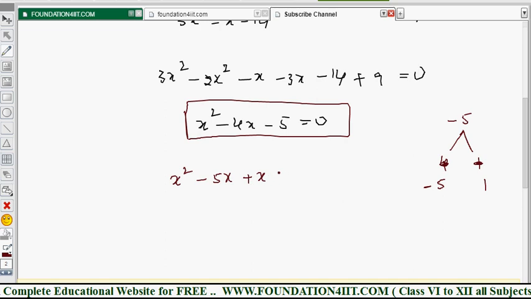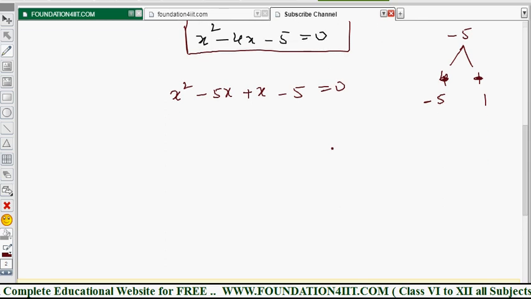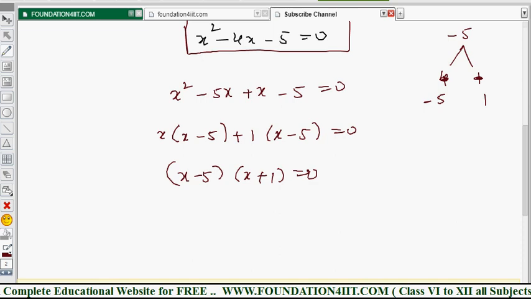Minus 5 into plus 1x, and minus 5 is equal to 0 as it is. If you continue, take x common from the first two: x into x minus 5. There is no common from the last two terms, so take 1 as the common. Now x minus 5 into x plus 1 is equal to 0.